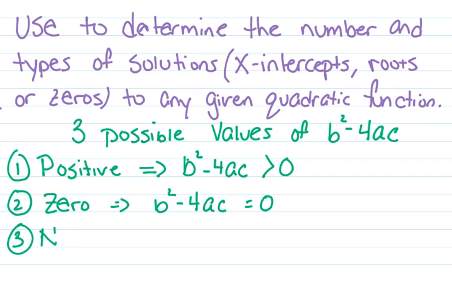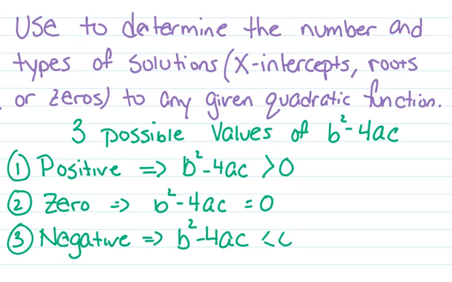And the last one is that it's negative, and that just means that b squared minus 4ac is less than 0. So these are the 3 scenarios that we're going to briefly look at in this video.